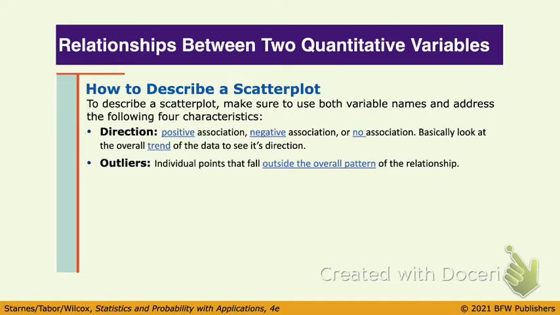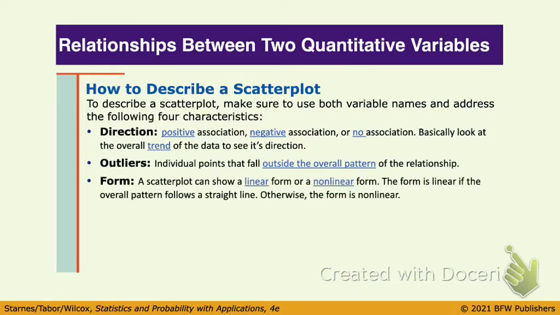There you go. There's an outlier. Pretty easy to identify. Form. A scatter plot is going to either show a linear form or a non-linear form. Basically, when you look at the scatter plot, can you kind of visualize a line or can you not? Does it look curved or does it look linear? That's basically what you're looking at. So linear or not linear.